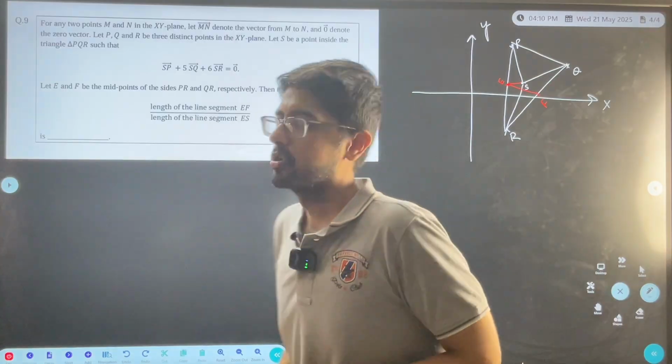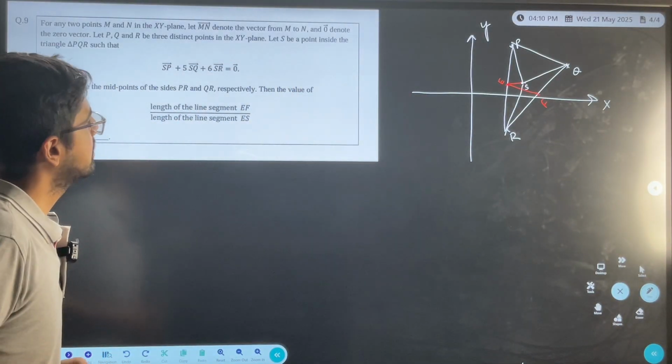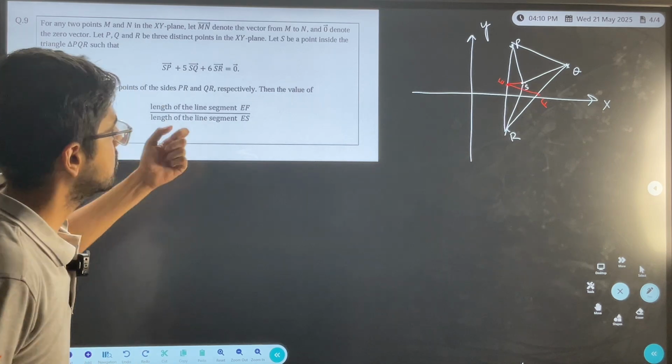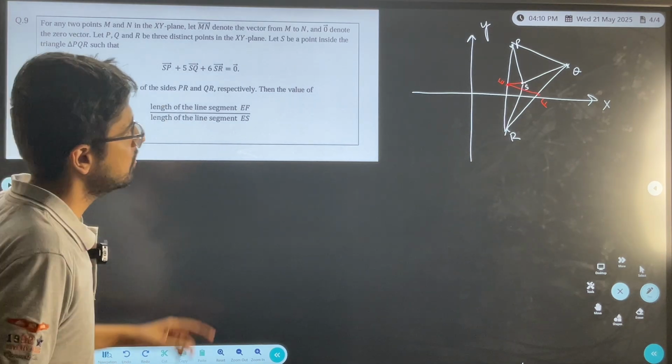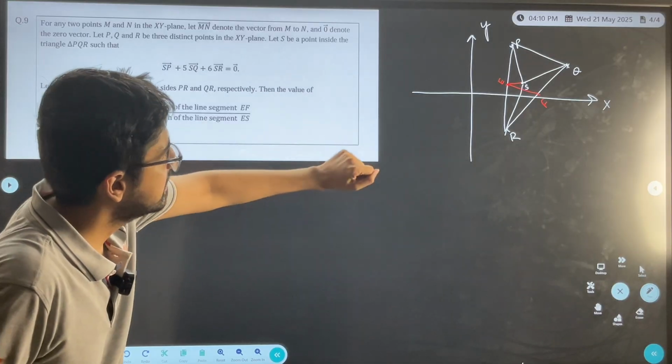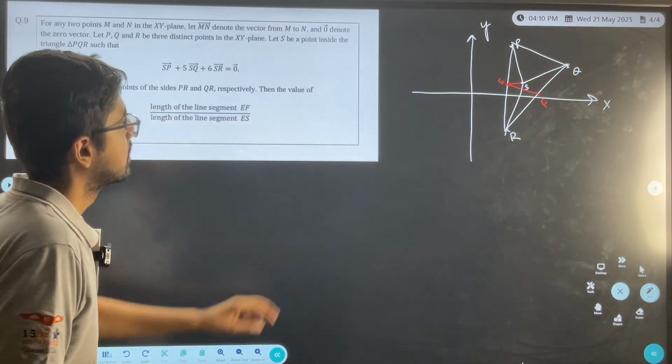Alright, so we are given SP plus 5SQ plus 6 times SR is equal to 0. Let's start building from there and we have to find EF and ES in these terms.